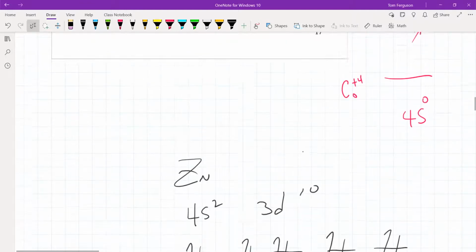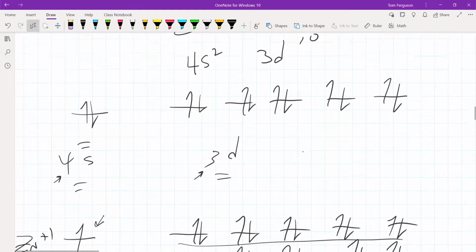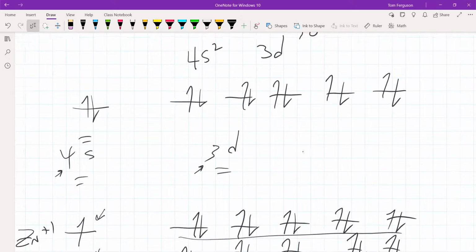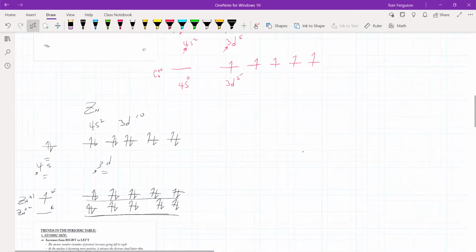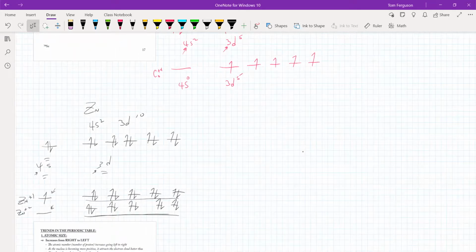Okay. Oh, there was a question in the chat. Somebody asked if you could do one for copper. Remember I talked about exceptions? Copper family is an exception. The chromium family is an exception.